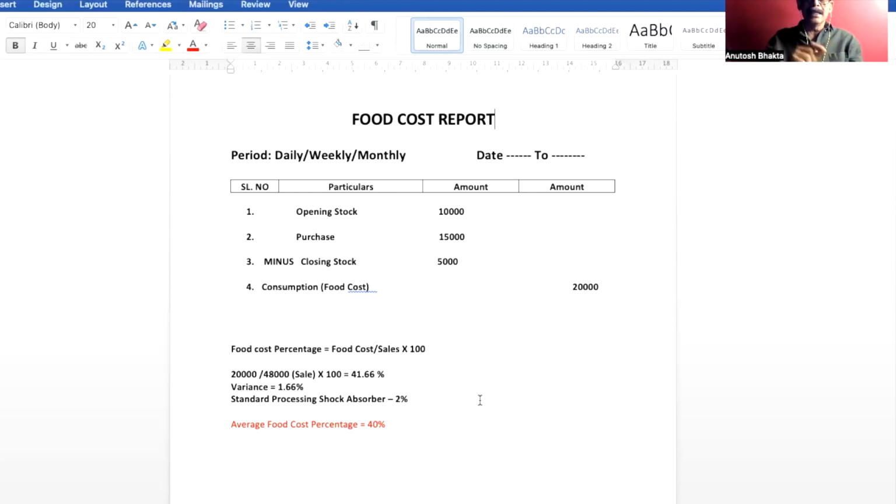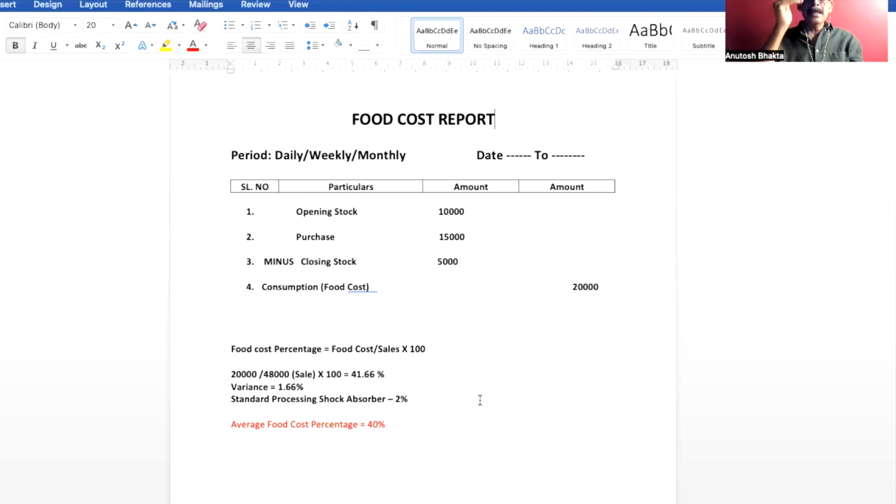So that is the reason for a large food business, it is always advisable to prepare your food cost report on a daily basis so that you can track where you are going wrong and take immediate action. I believe that is clear, right?